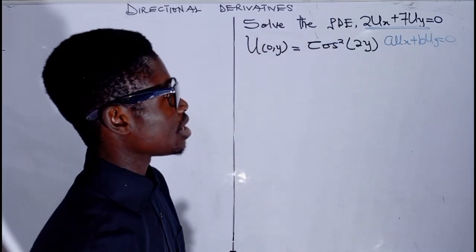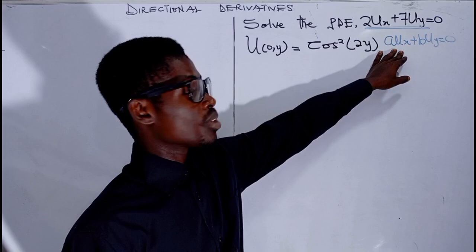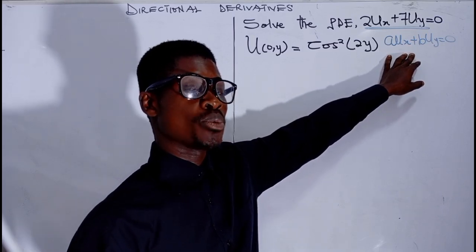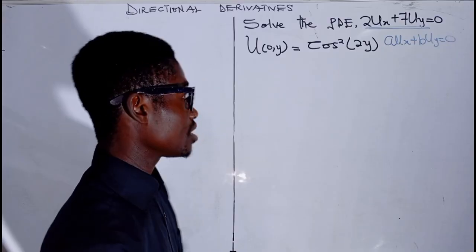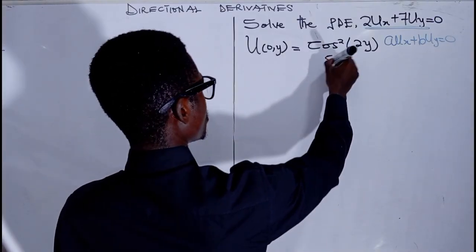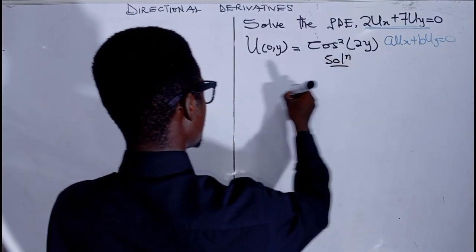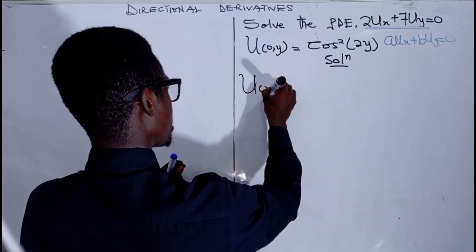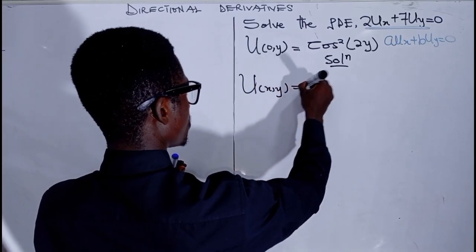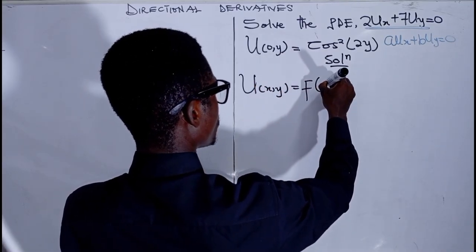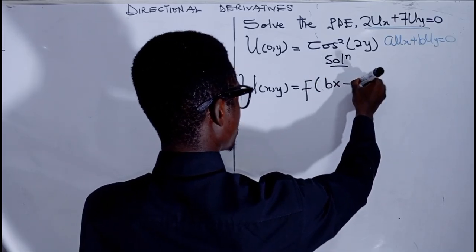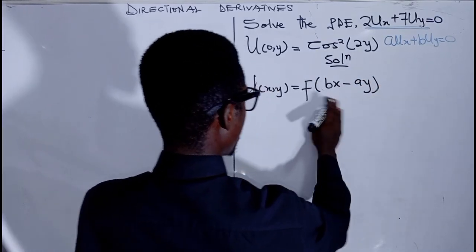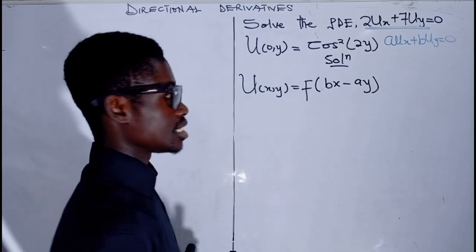And we said that whenever you have a first order linear homogeneous PDE with constant coefficients of this very form, the general solution is given as u of xy is equal to a function of bx minus ay. Very, very easy and simple.